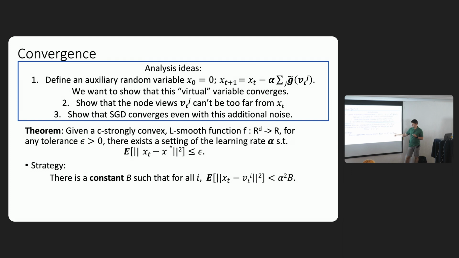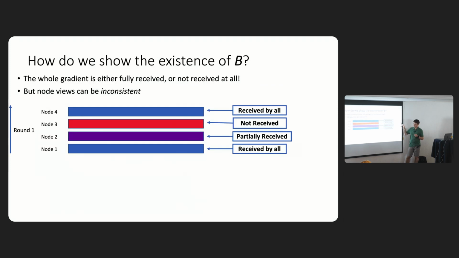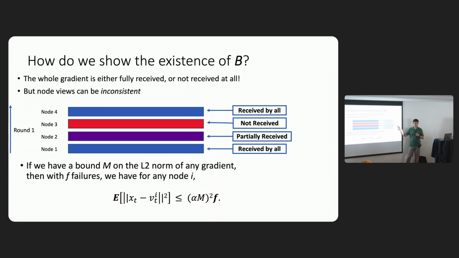I can define my b however I want, so even if you somehow wanted to define b as m squared f squared, this would still be fine. You would get a worse convergence rate. We'll do another example in a lot more detail next. So let's maybe move past this.